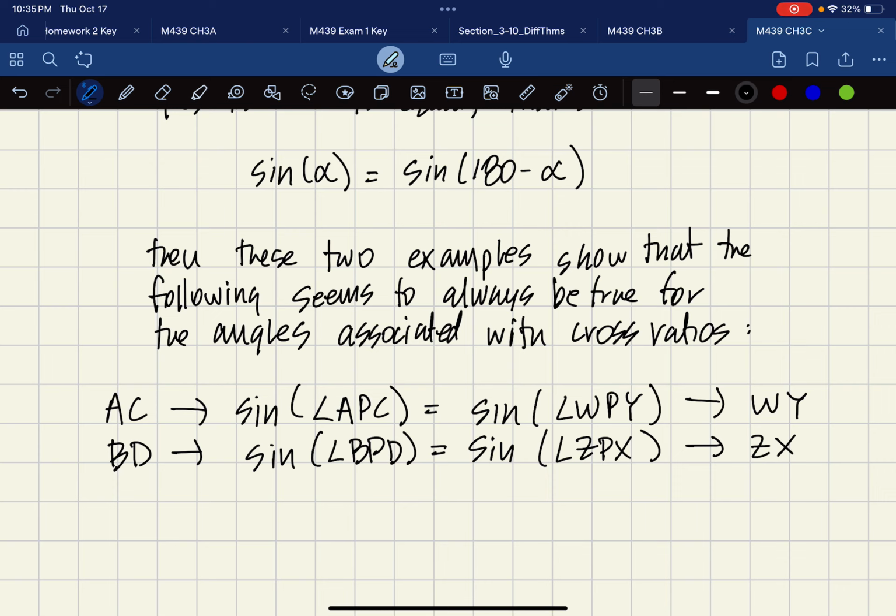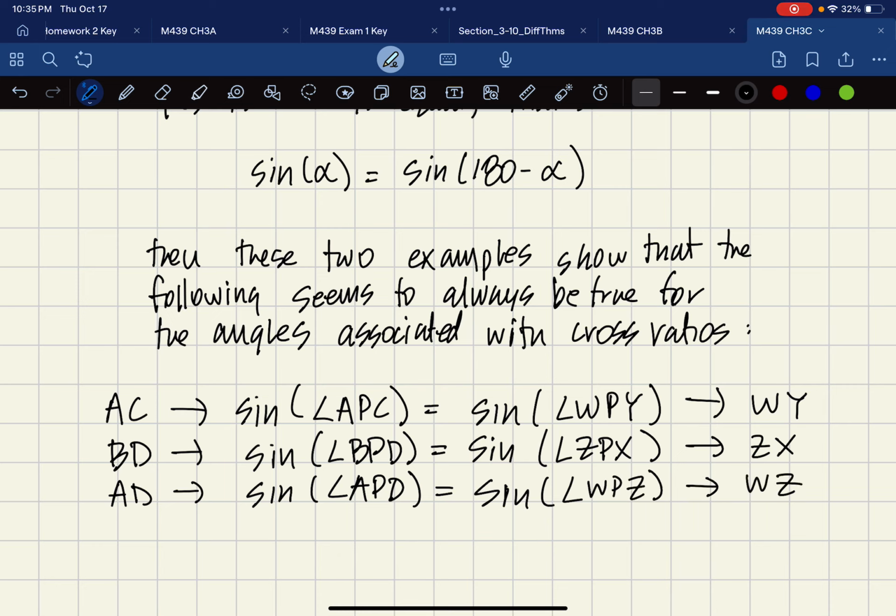And then on the bottom, I guess we have AD associated with the sine of angle APD, and that would be equal to the sine of the angle WPZ, so WZ. And I guess the last one is the two middle ones.